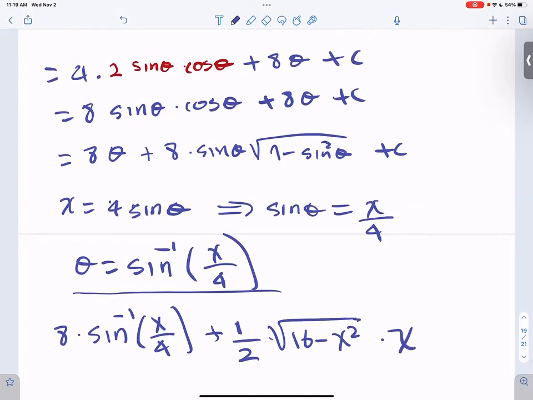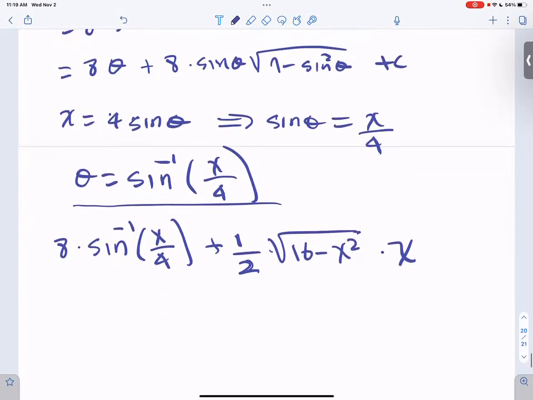And then we're going to have the 1/2 here. And this is the final answer.